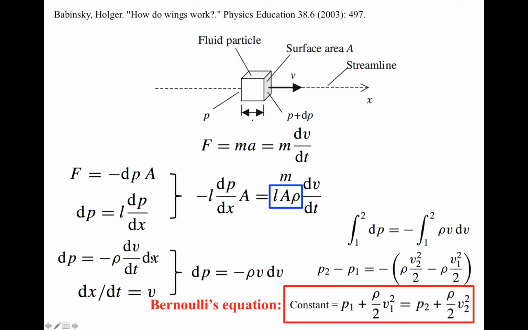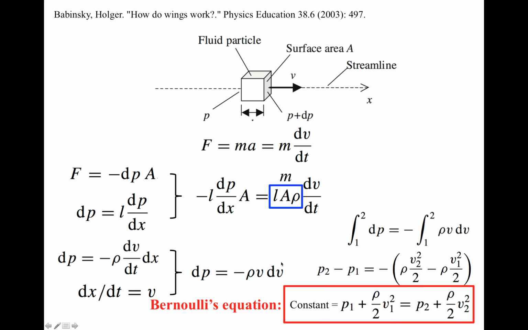So if we replace dx over dt here with v, we have obtained dp equals minus rho v dv. That's the expression between pressure and velocity, the changing pressure and changing velocity.